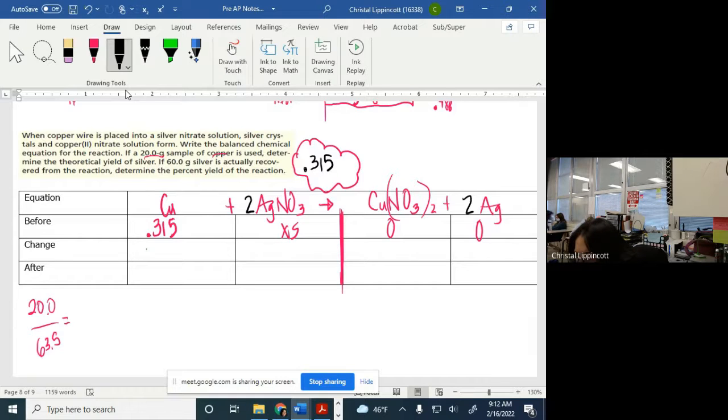So I'm going to bring that down. What's this going to be minus? Minus how much here? 0.630. Okay.